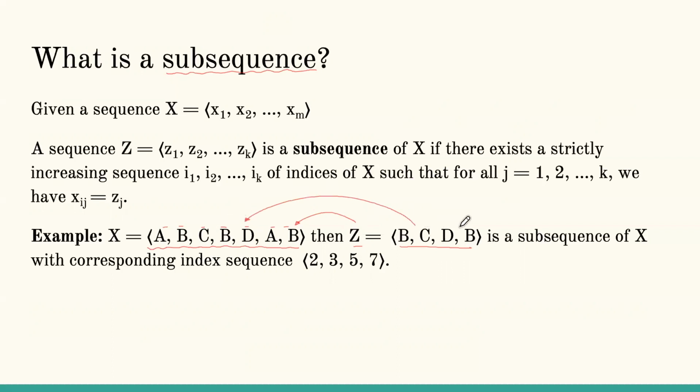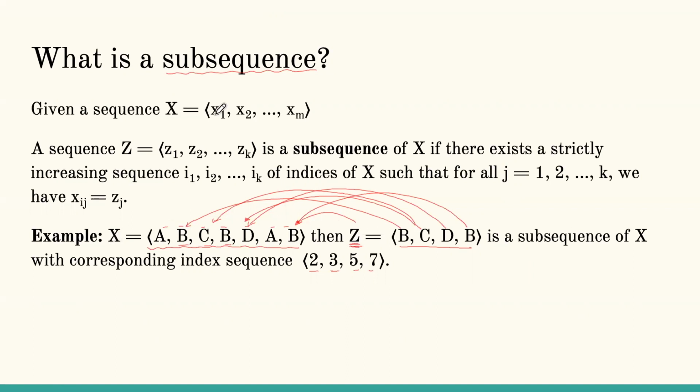In this case, we see that B, C, D, B map to X, and they're in the same order, and the positions are 2, 3, 5, 7. So all the characters in Z map to the sequence X, and they are in order. In such a scenario, we can say that Z is a subsequence of X.